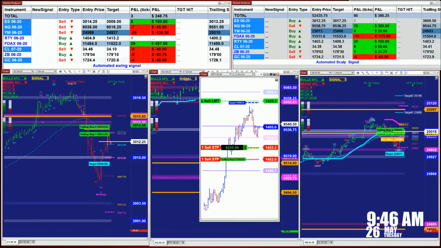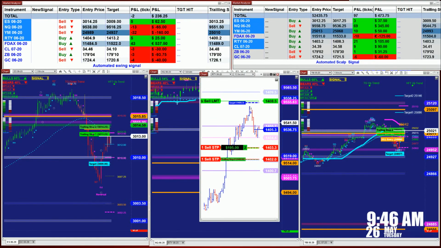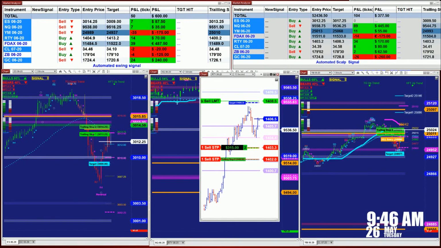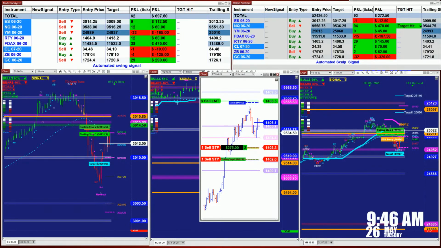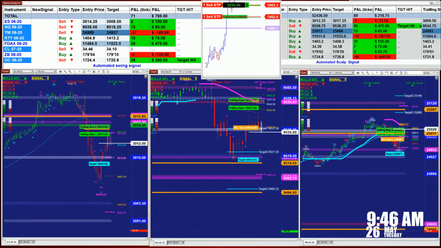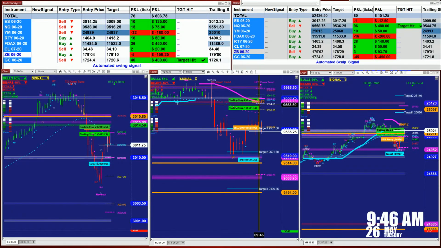But as you see, we missed by a few ticks, and now the Russell is climbing to that level at 14085 and trying to hit the target. So we will keep our eye on it. This is exactly what we said, guys, on the ES, and the NASDAQ is going to be the same, like what we expected as a re-entry point, 9552.